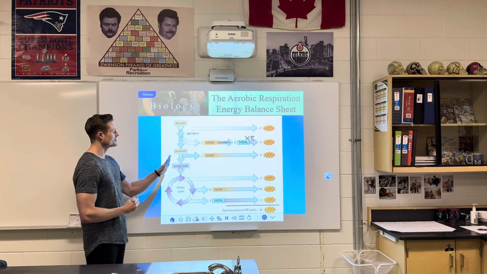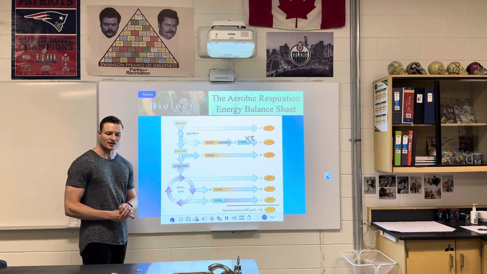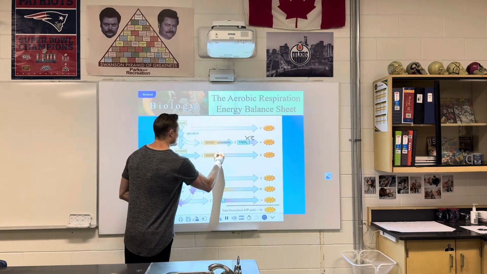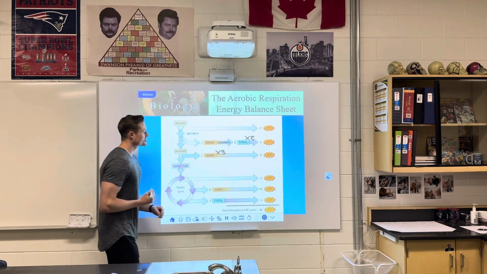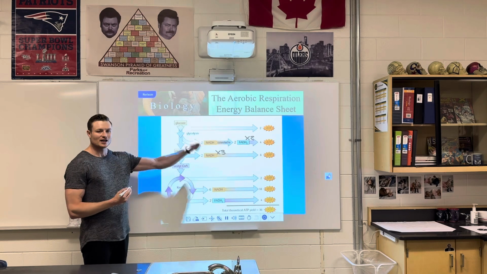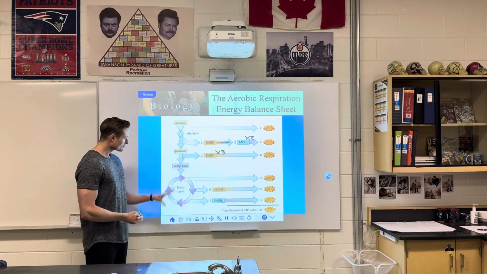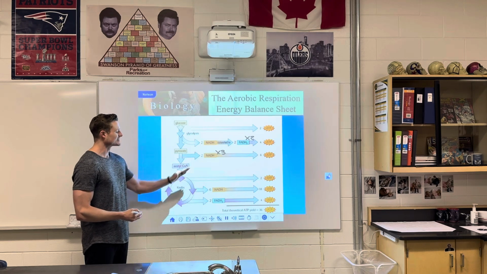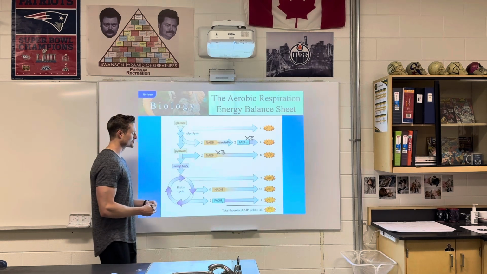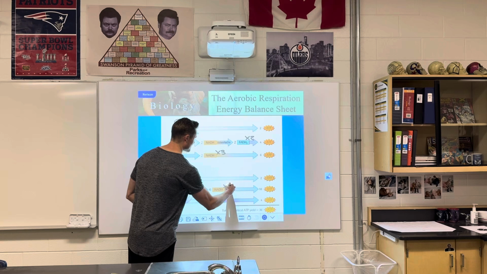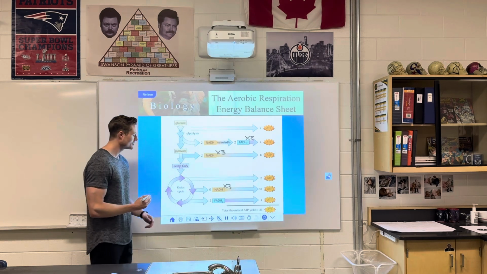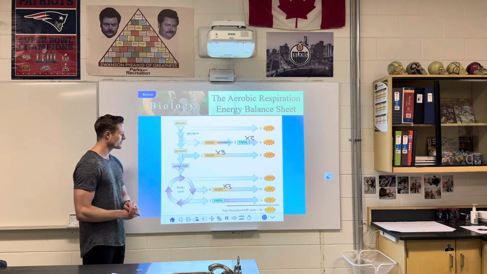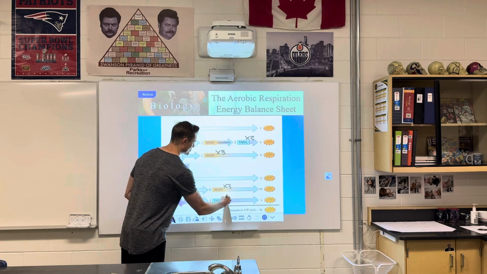In pyruvate oxidation, we made 2 NADHs, which are worth 3 ATP each for a grand total of 6 ATP. In Krebs cycle, we made 2 ATP, we made 6 NADHs worth 3 apiece, so that's 18 ATP, and then we also made 2 FADH2s worth 2 apiece.